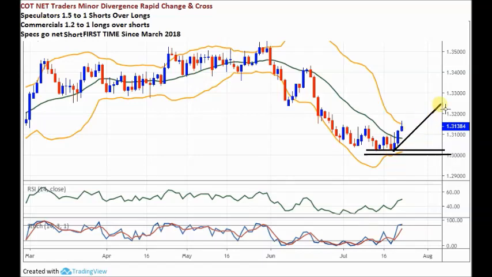Let's draw a trajectory in. The new support level is there. So I personally feel that the 20-day moving average should provide support. The round number's there as well. That is the support level, and I think if we dip back to that level, it should hold.